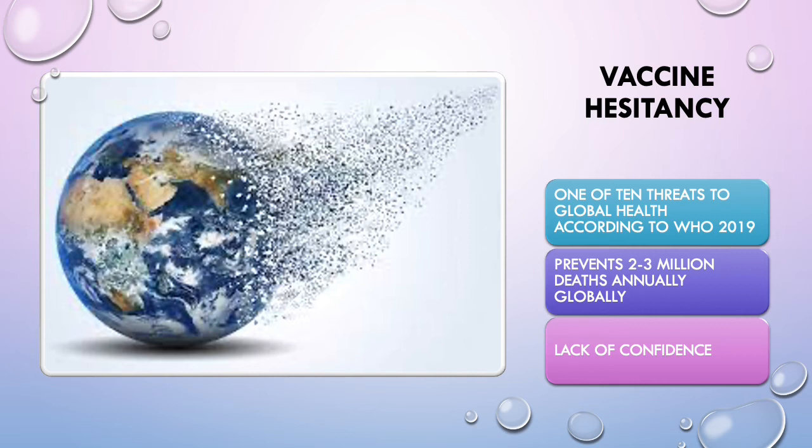And vaccines prevent 2 to 3 million deaths a year globally. And measles has increased about 30% in cases globally in recent years. And this is not only due to hesitancy of vaccination, but partly in some countries that had eliminated some diseases through vaccines, they have seen a resurgence of these diseases, and that's pretty alarming.